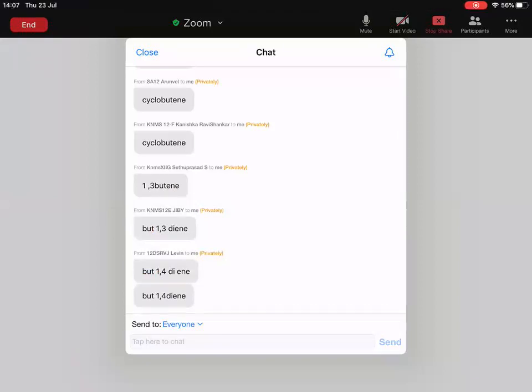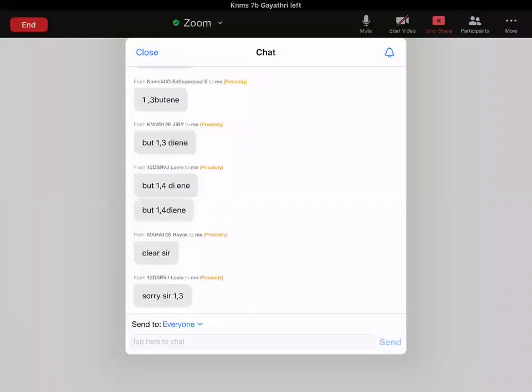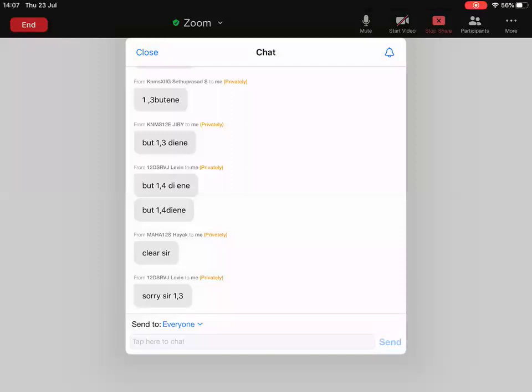Who is this? Levin from SRVJ, 1,4 will be there anywhere. Anyway, got the answer. Everyone understood? Buta-1,3-diene is the answer. Please respond, everyone. 1,3-butadiene or buta-1,3-diene.